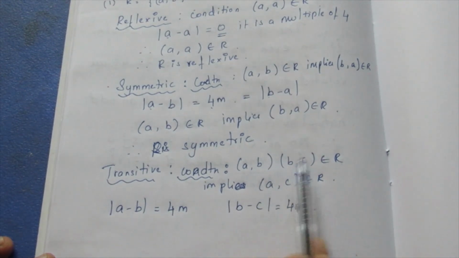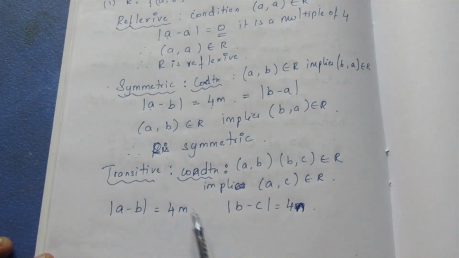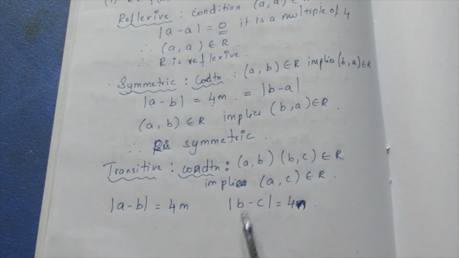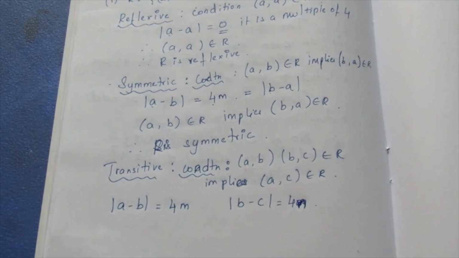We know that these two belong to R. That means modulus of a minus b is a multiple of 4. In the same way, modulus b minus c is also a multiple of 4. We don't know what number it is a multiple of, so I am taking it to be 4m and 4n.